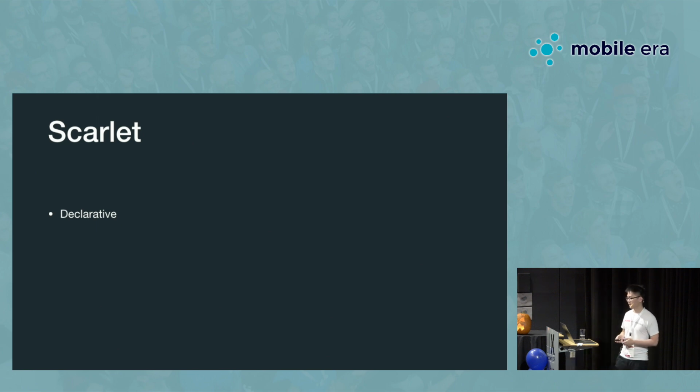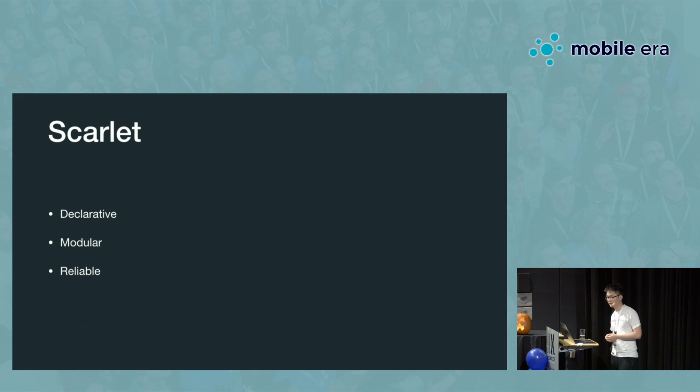That's pretty much all I have for this presentation. Just to recap, Scarlet is declarative and demands minimal boilerplate code. It's modular, which makes it easy to get started for beginners, and it's customizable for advanced users as well.